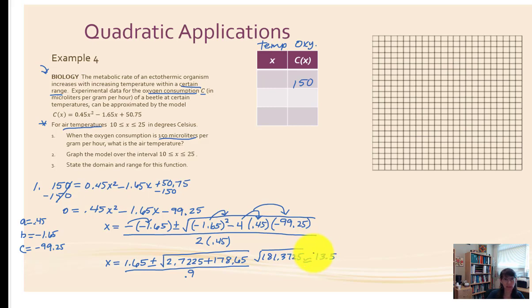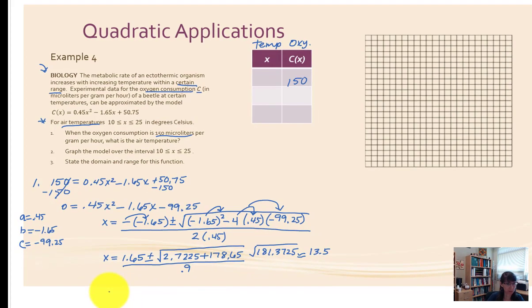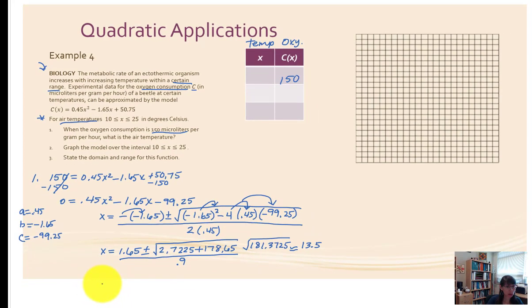So remember, we'll be using this as plus 13.5 and as minus 13.5. So when we write the new equation, x would be equal to 1.65 plus or minus 13.5, all divided by 0.9. Now that looks like something we can work with.